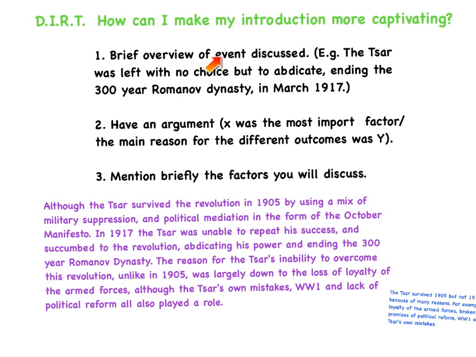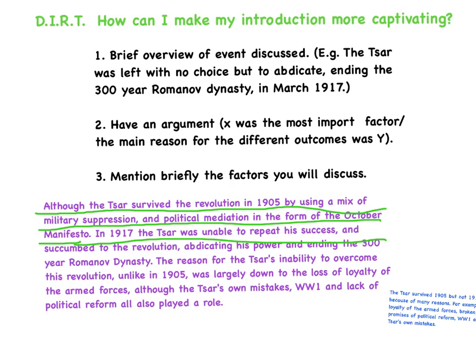Okay, so let's see how captivating was their answer. Have they given a brief overview of the event they're going to discuss? Well, yes, they have. It says, although the Tsar survived the revolution in 1905 by using military suppression and the October Manifesto, in 1917 he was unable to repeat his success and had to abdicate his power. So, yes, they have given a brief overview of the event discussed.